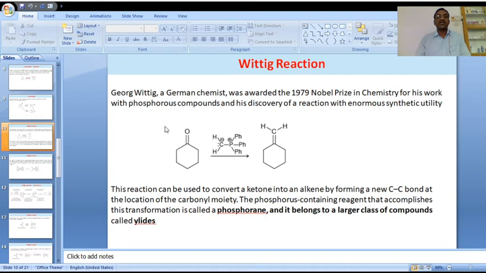Here we are using a ketonic functional group in presence of phosphorane. What happened?